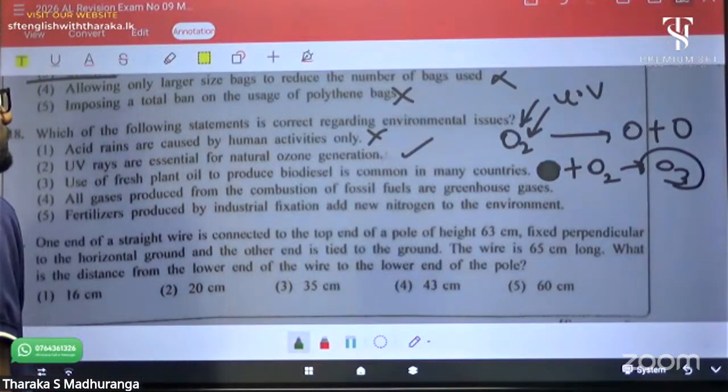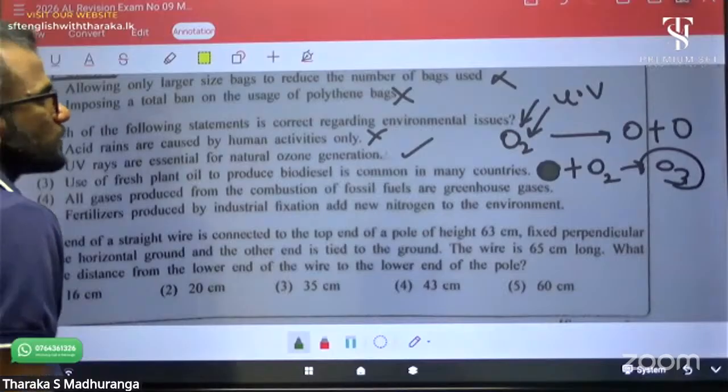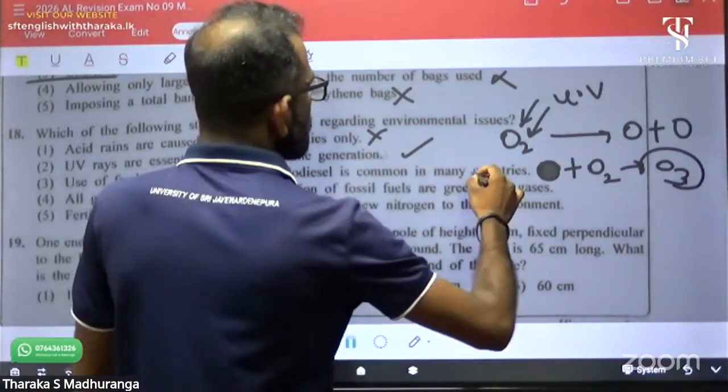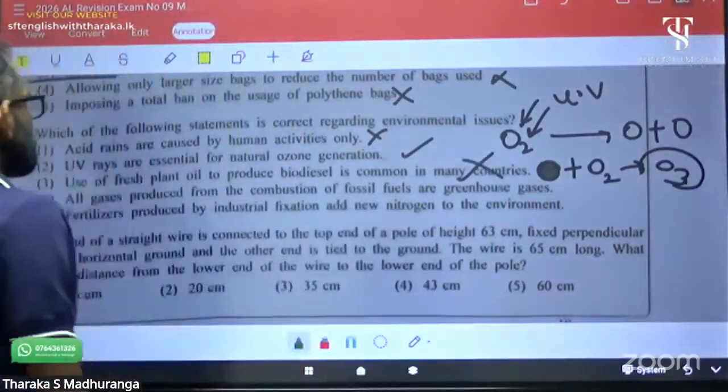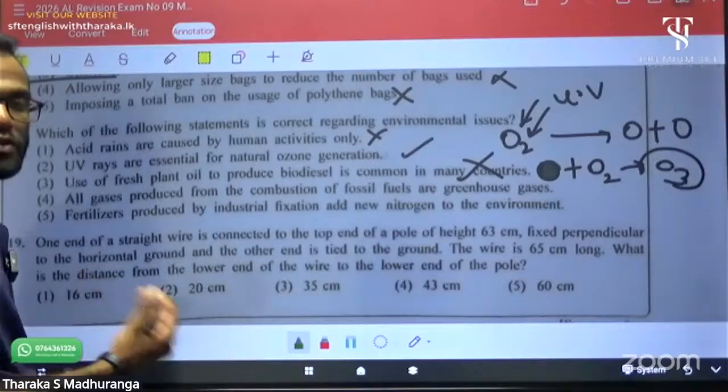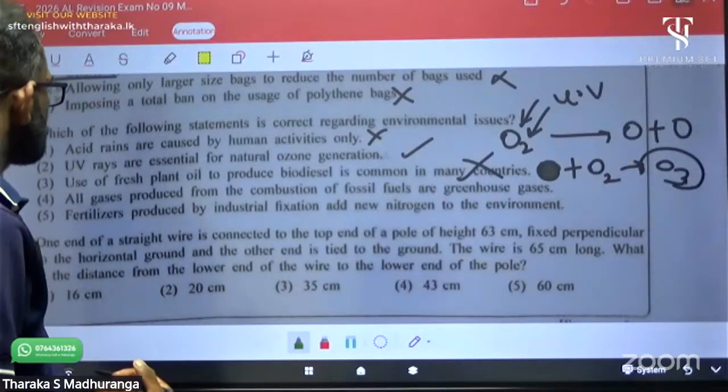Use of fresh plant oil to produce biodiesel is common in many countries. No, fresh plant oil is not needed. We can use used oil to reduce production cost.